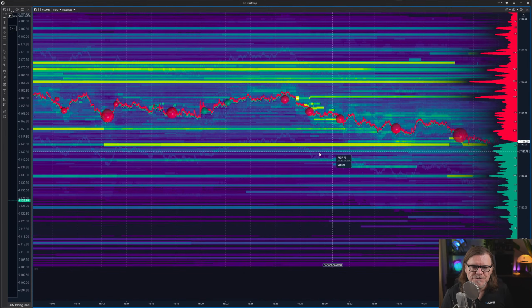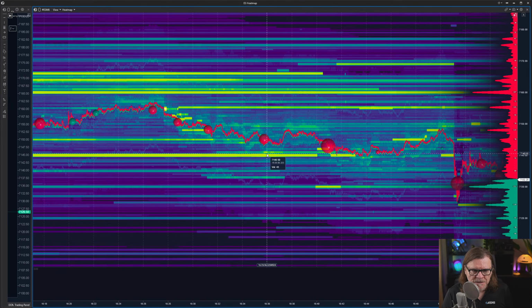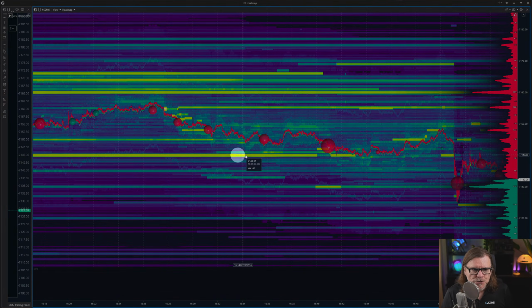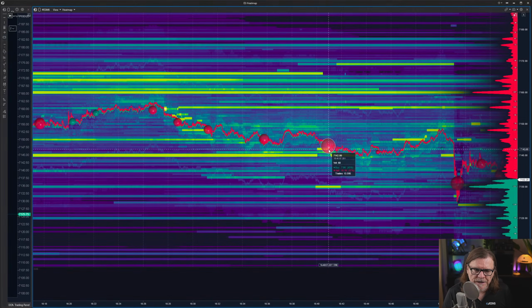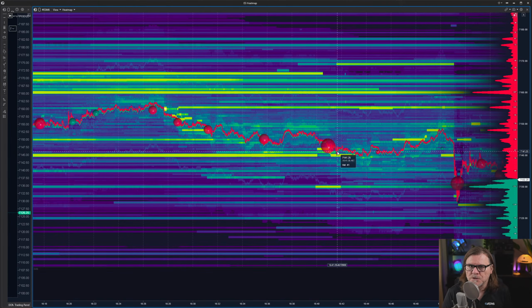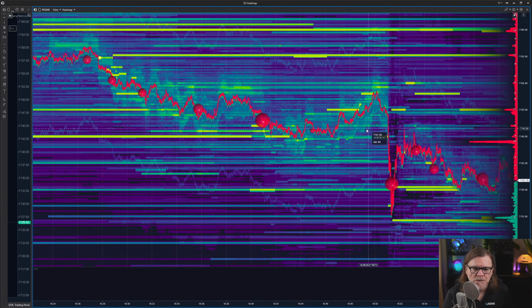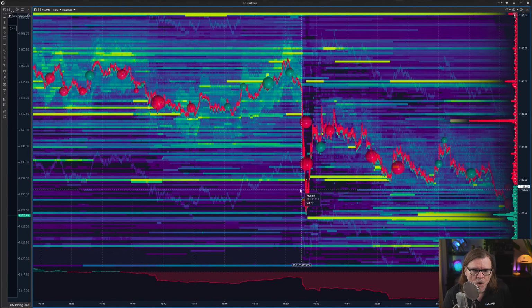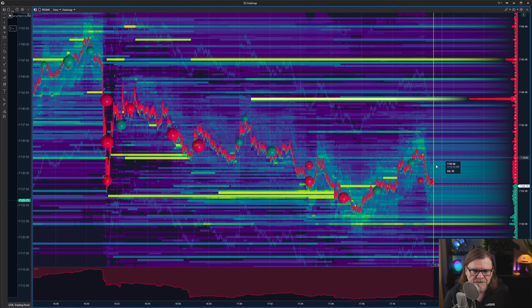You can either use it for closing the position when you see huge waiting limit buy order and you start seeing red bubbles, then you close your short position, because that means that the whales might be closing the positions too. Or you simply open the long, because there are a lot of red bubbles which represent buying.